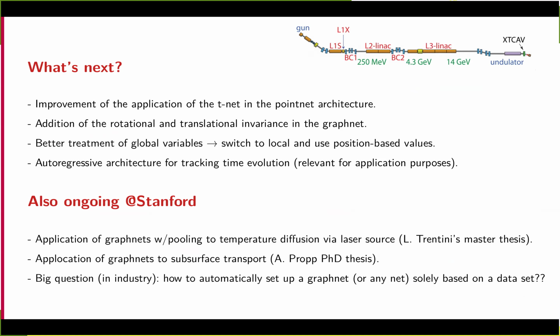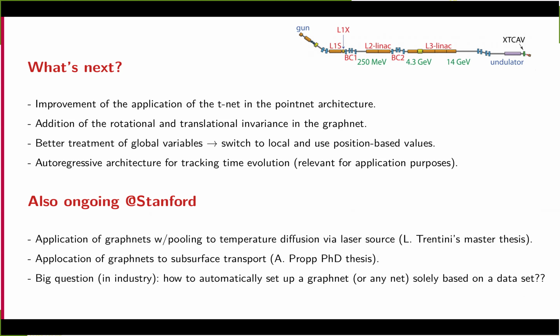As I mentioned before, we would like to impose the machine settings pointwise, and pointwise means that the settings affect particles in different ways depending on their positions. And as the particles move, the settings affect the moving particles in different ways. So this is a non-trivial modification of the architecture.